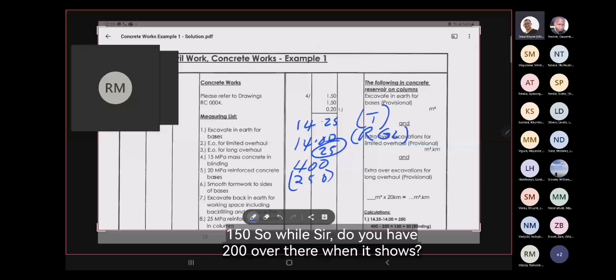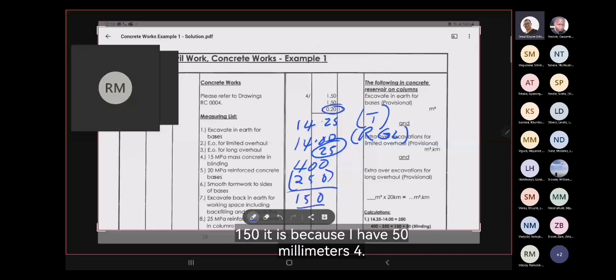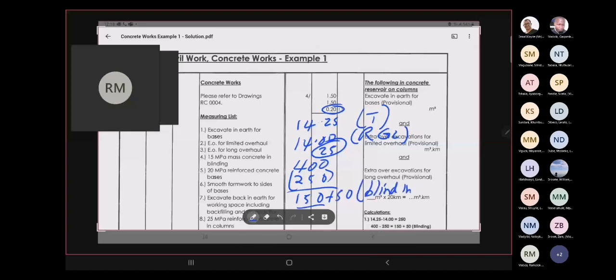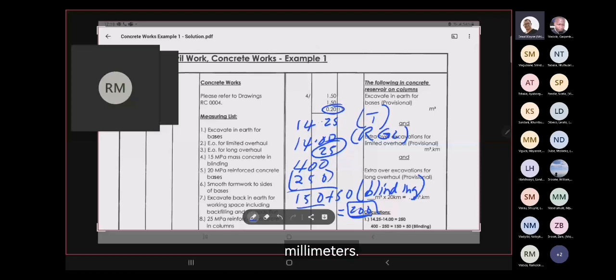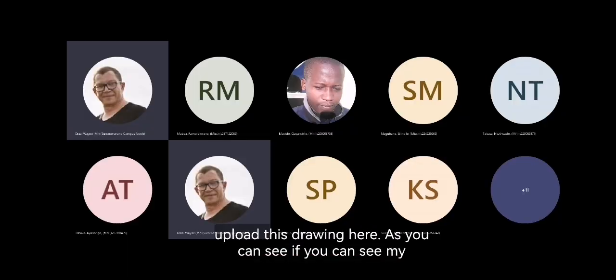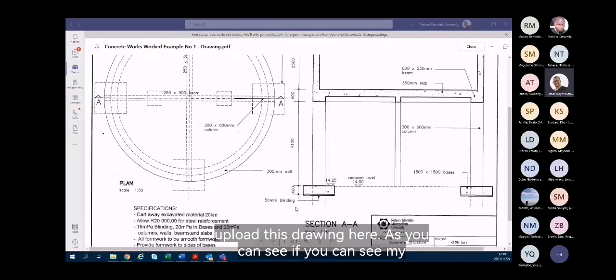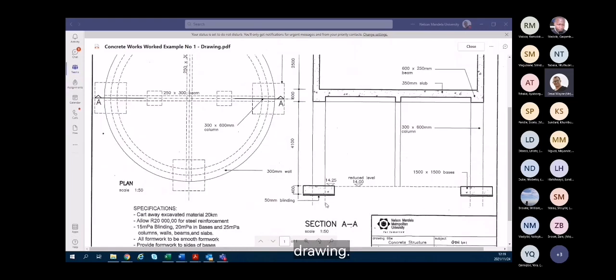So why, sir, do you have 200 over there when it shows 150? It is because I have 50 millimeters for my blinding. That gives me a thickness or a depth of 200 millimeters. Just to show what I'm talking about, I'll upload this drawing here that you can see.